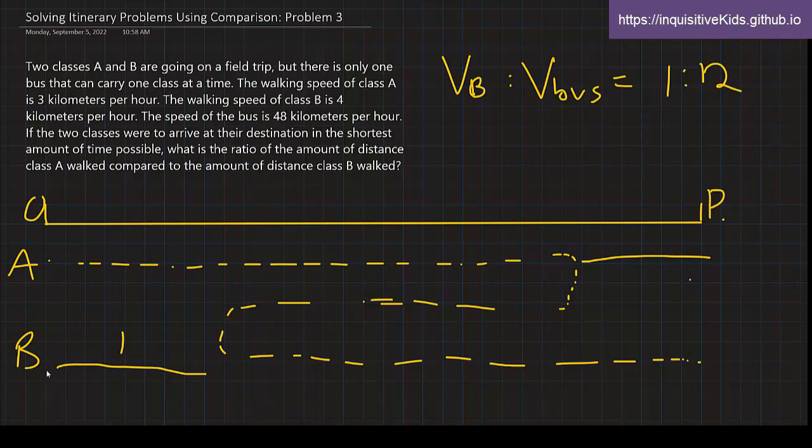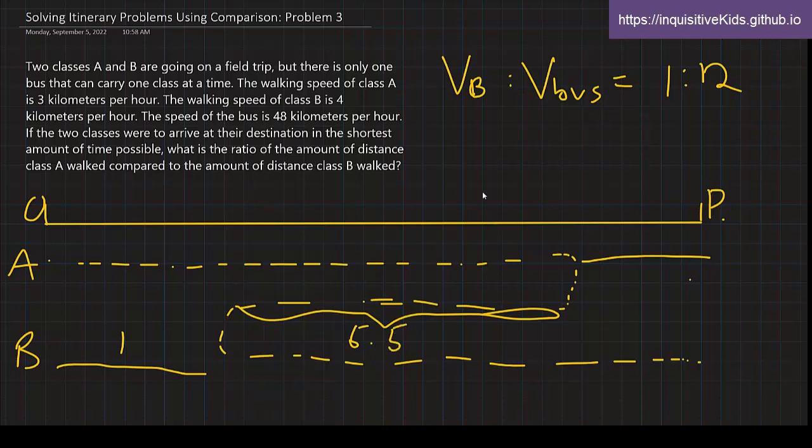When B was walking from here to here, the bus went from the starting line, dropped off A, and came back. So this entire section is 12 units. Take away the 1 unit at the beginning, and you have 11 units. So this middle part right here is 5.5 units.